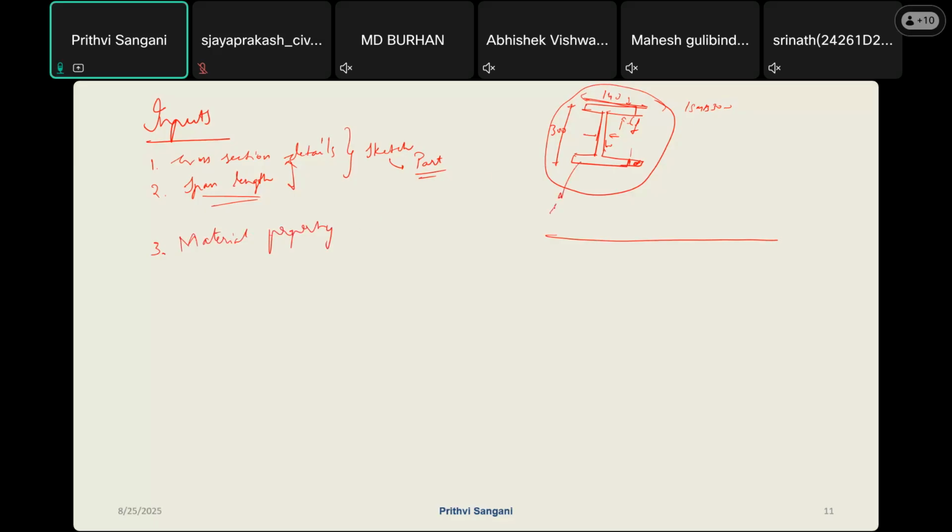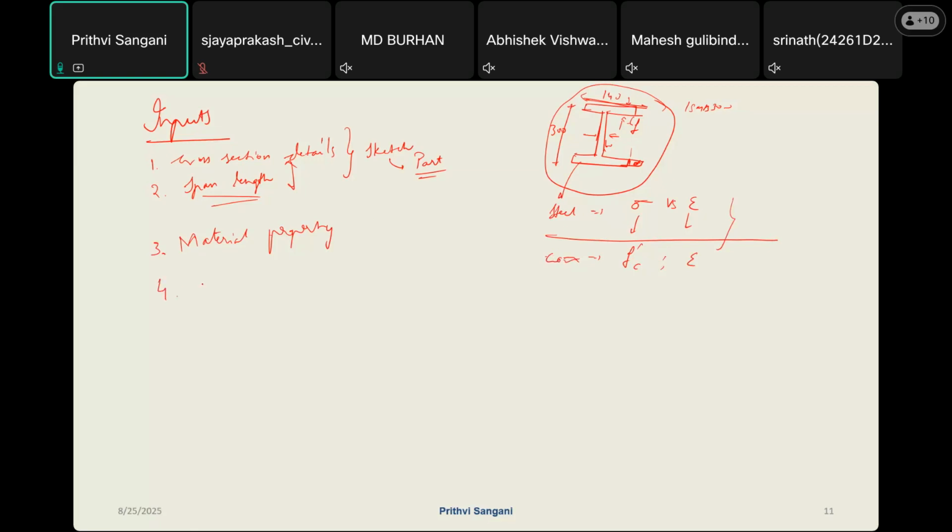Like I mentioned, if it is a steel beam, then what are the different values of stress versus strain? Or if it is concrete, then what is the compressive strength of this concrete and your strain profiles, etc. These are the material properties that you also need.